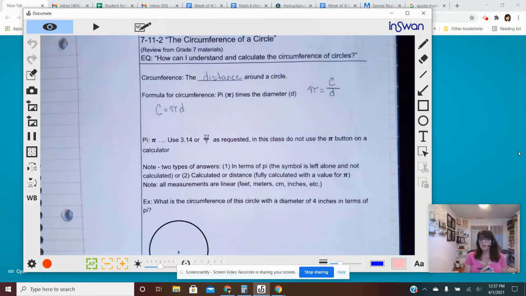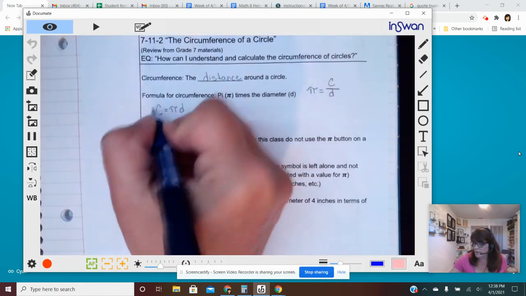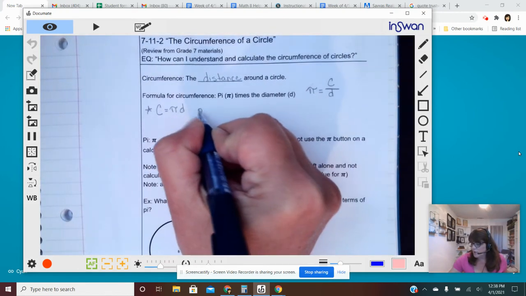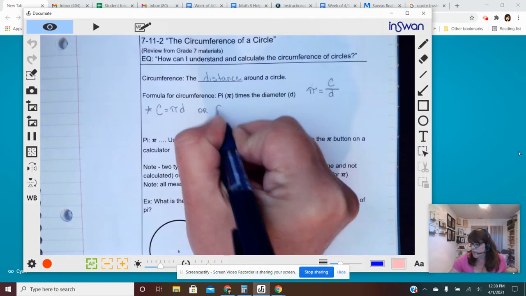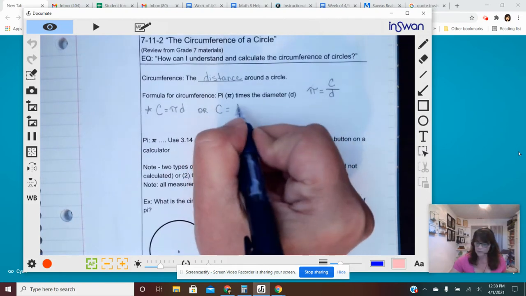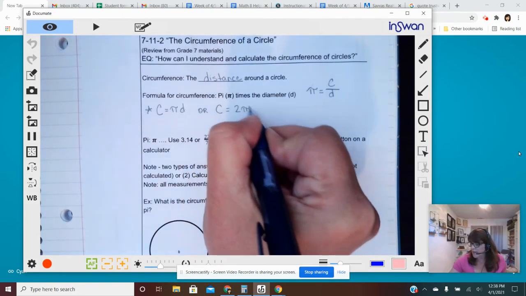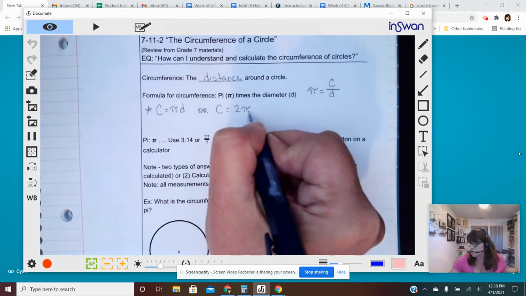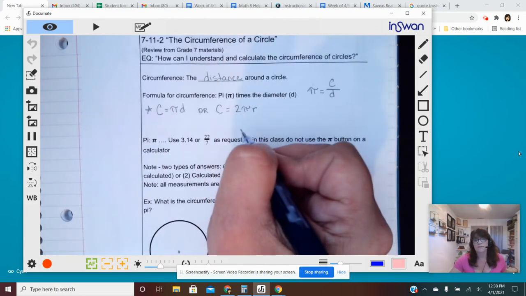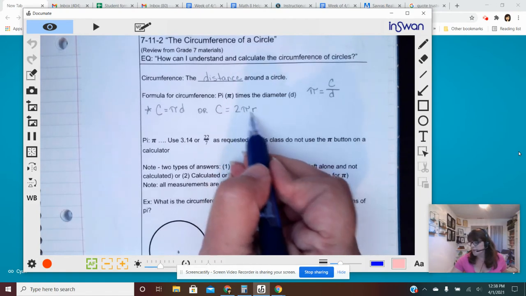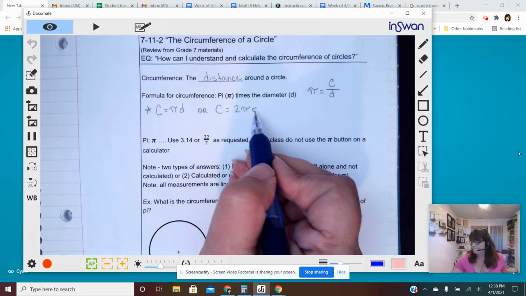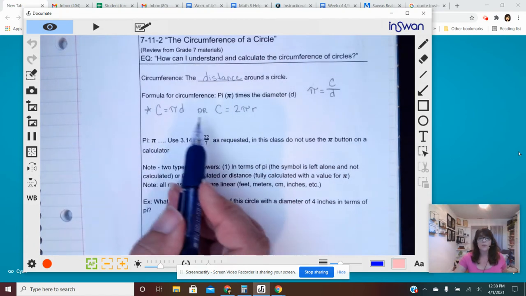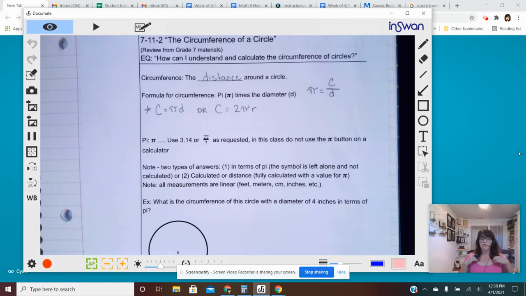Because you also know that radius and radius together make a diameter, you could also say that circumference equals 2 times pi, only because we always put the coefficient first, times radius, because it's the radius twice. Okay? So that is the formula, and that's it. We just use the formula. That's what we do.